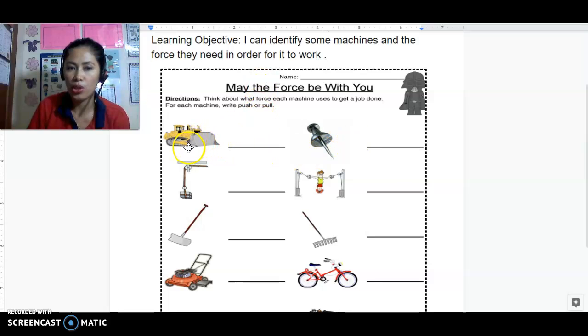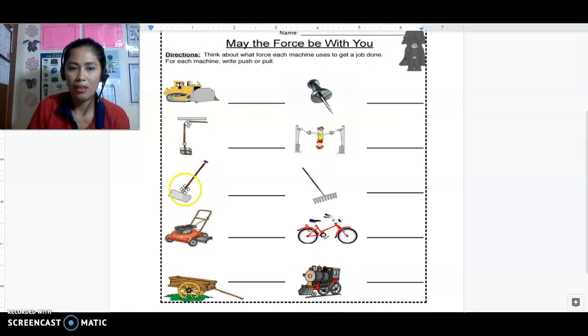So for a bulldozer, what action do you usually do in order to move sand and stones? Push or pull? You decide, okay? And this one, what's this action? Is it pulling or pushing? How about this?